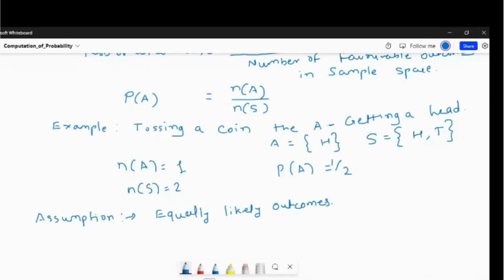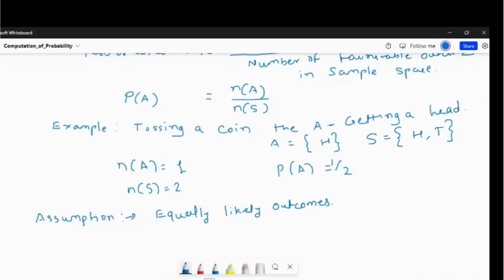What is meant by equally likely outcomes? Equally likely outcomes is nothing but all outcomes having equal probabilities. But if you see any real life situation, it is not possible that all outcomes have the same probability.